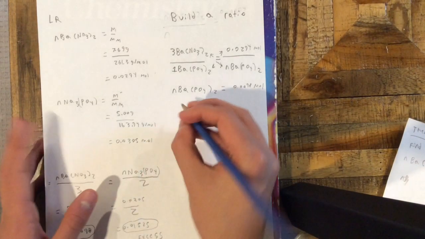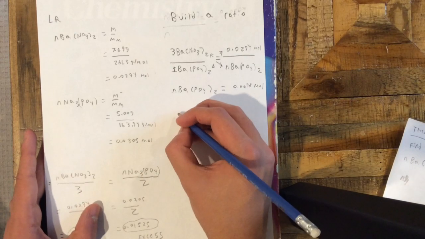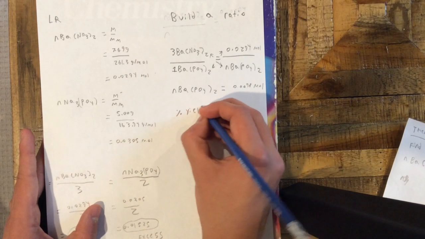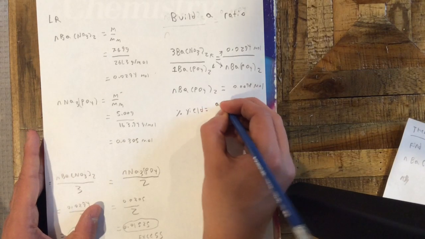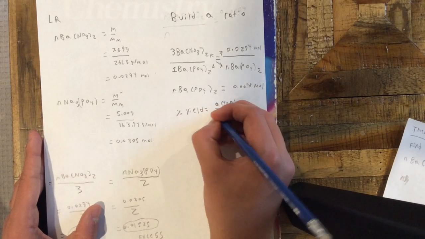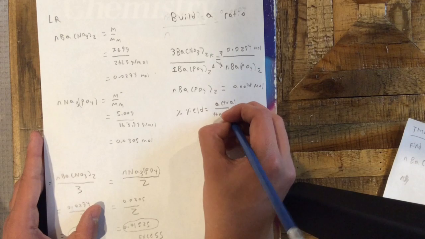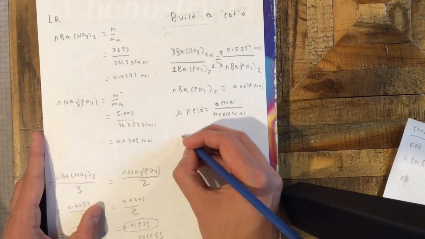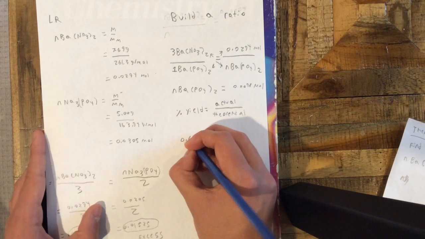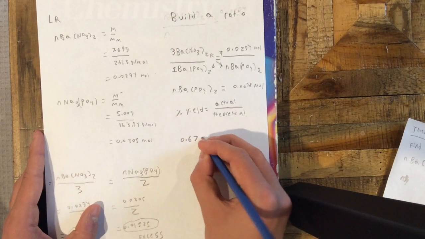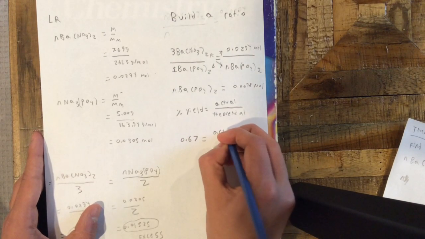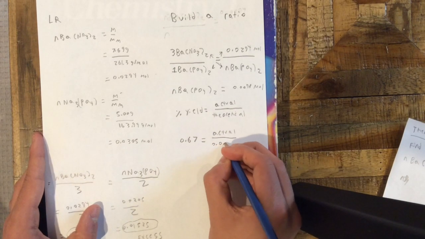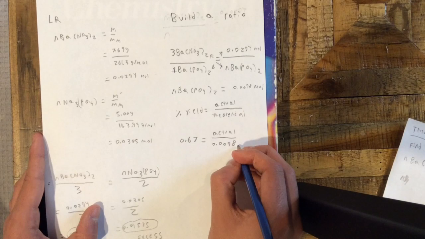Lastly, we have to use our equation to find the actual yield. So we know that the percentage yield is equal to actual yield divided by theoretical yield. Alright, so we know that our percentage yield is 67%. We don't know our actual yield still, and we know our theoretical yield is 0.0098.